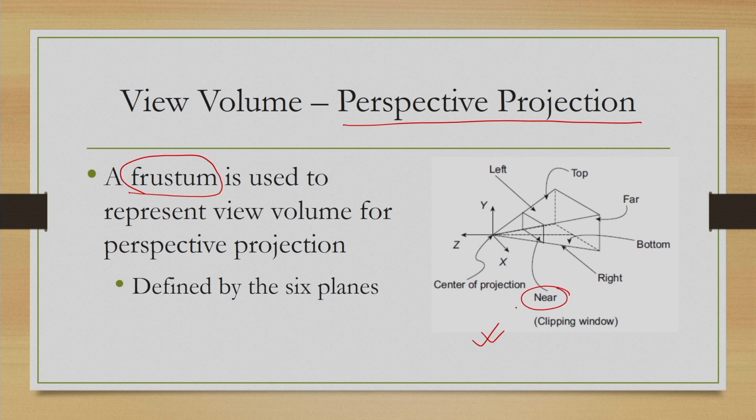So, we have near plane, far plane, right plane, left plane, top plane and bottom plane, and the near plane contains the clipping window. So, essentially the idea is the same as with parallel projection, in the sense that in both the cases the near plane is the plane where the clipping window is situated.